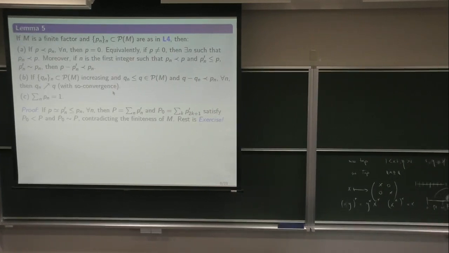It helps you even describe the topology. You already have your topology here because of this sort of unit measure. What this says is that if M is a finite factor, you have a sequence Pn like before. If you have a projection that's less than all of them, then it must be 0.